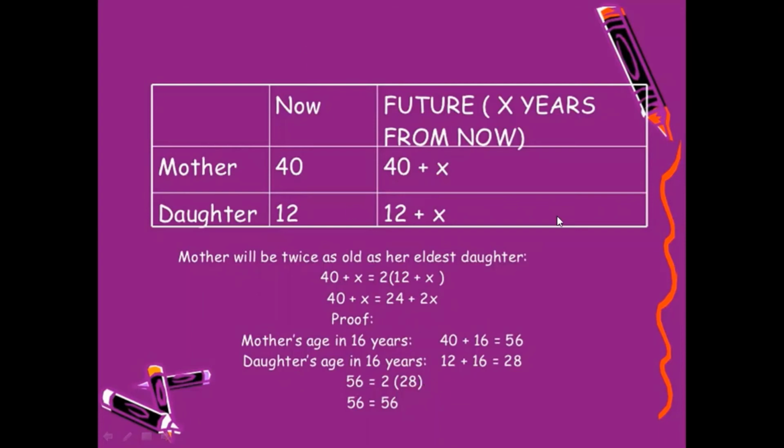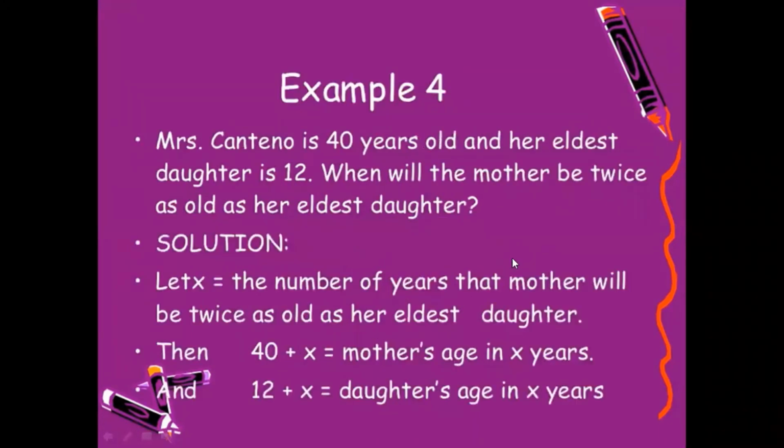So have you got this idea? Can you explain what this x is and why we are using it, if we just come back to the previous slide? It's slightly different. Mrs. Cantino is 40 years old, it's the present age, and her eldest daughter is 12 years old.